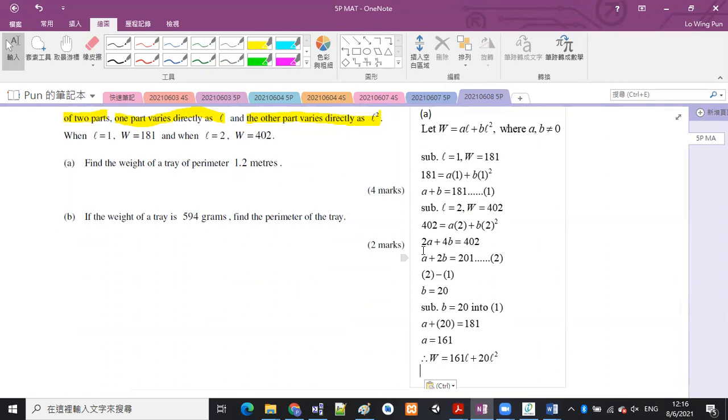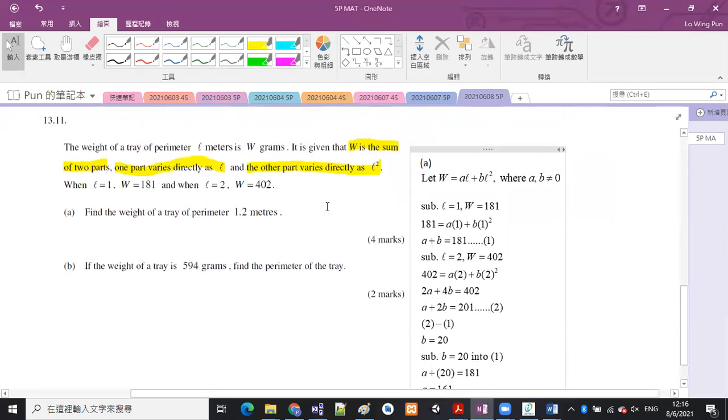In part A, the question asks us to find the weight of the tray of perimeter 1.2 meters. Perimeter is represented by L, right?